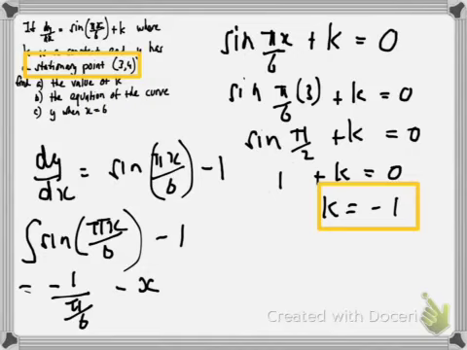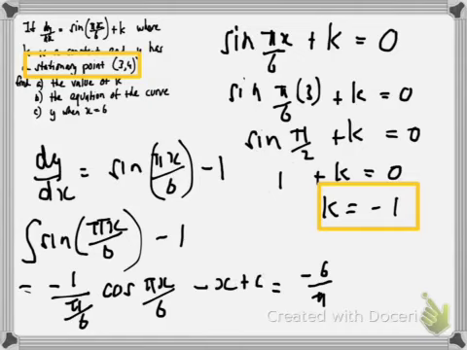Oops, hold on. Before I get to that, I needed to write down my cosine. Cosine of πx on 6. Okay, then the integral of minus 1 is minus x. So that will equal, now negative 1 over π on 6, turn it upside down, we get negative 6 on π.